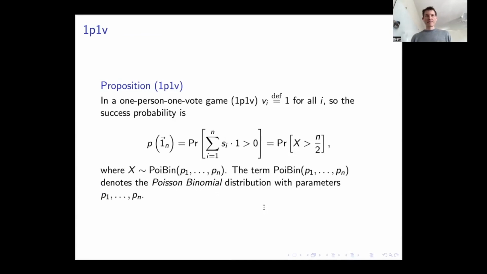As a warm-up, you can analyze this one person, one vote game, where everyone is forced to just vote. They can't buy extra votes. You just get to cast your vote. It's not too hard to see as a basic thing: you get votes that are either plus or minus one, and you get the good option if more than half of the votes are in the correct direction.